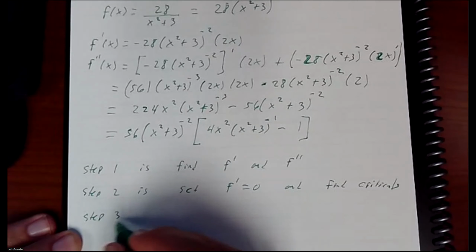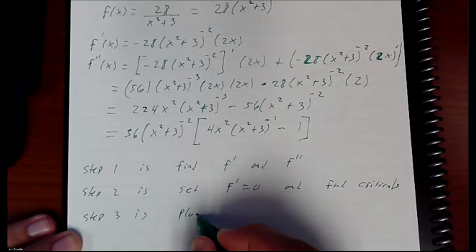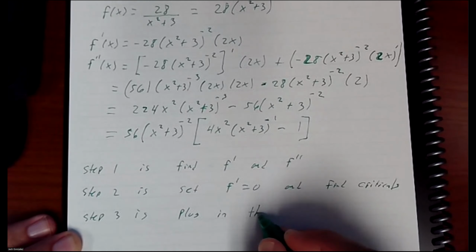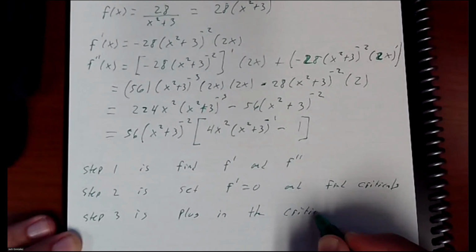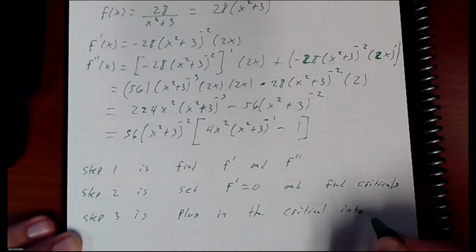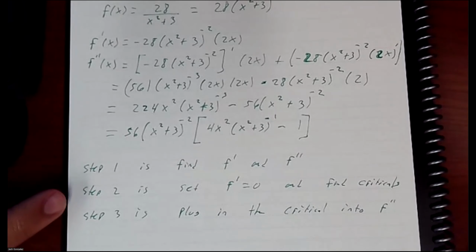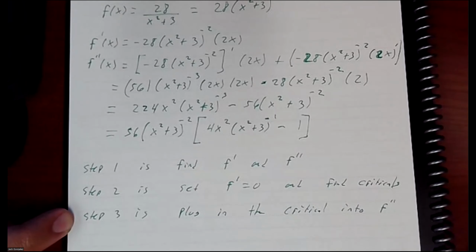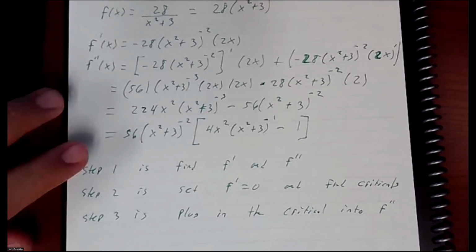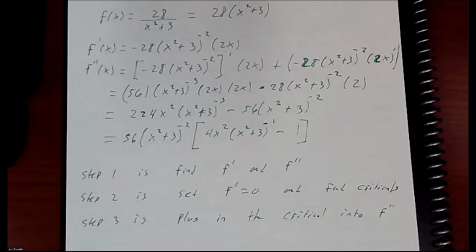Step 3 is plug the critical numbers into f double prime. So this is all we're really doing, 3 things. It's just that the derivative is a little nasty on this particular example.